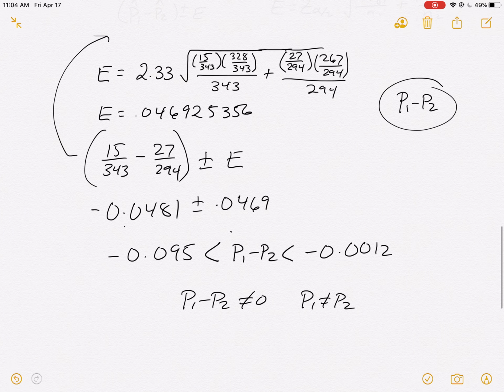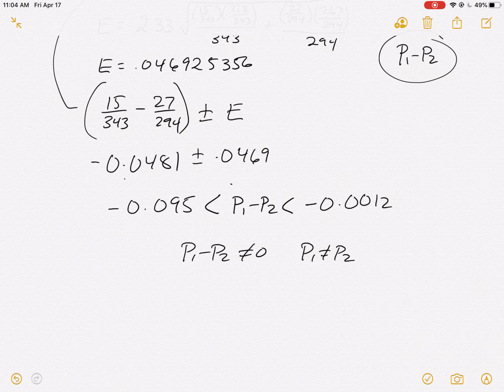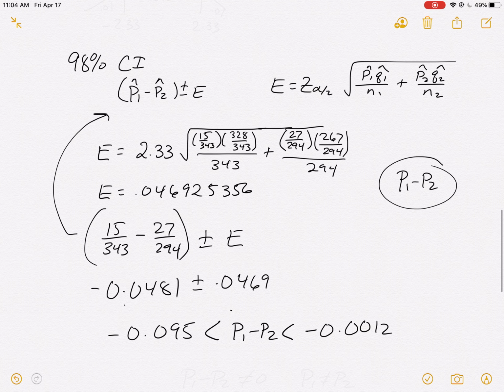That's exactly what we're seeing down here. Otherwise, this subtraction wouldn't be negative, and it's definitely going to be negative. How positive are we about that? Well, we're 98% confident about that. And so that's how these two different parts are actually saying the exact same thing.